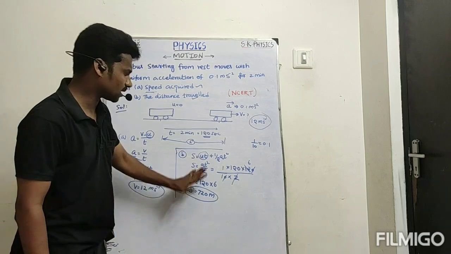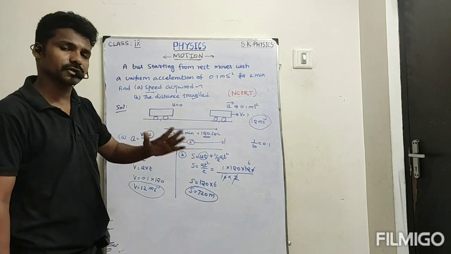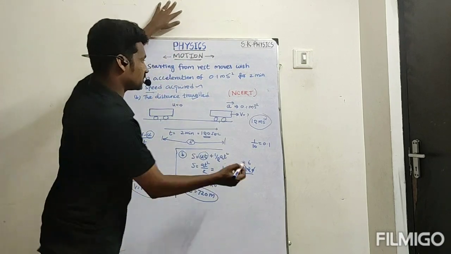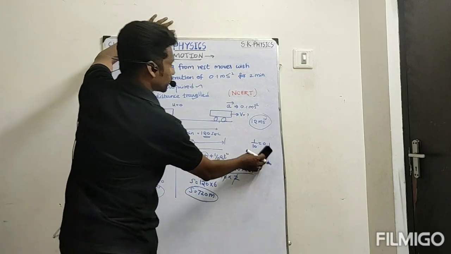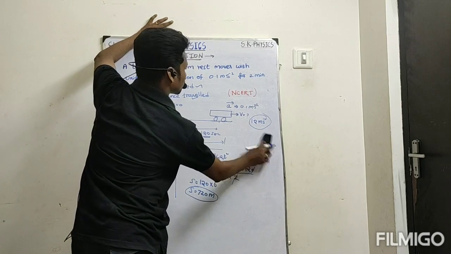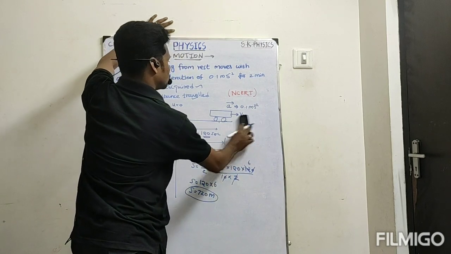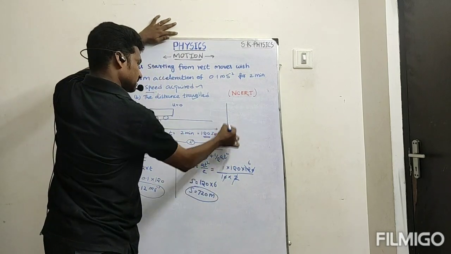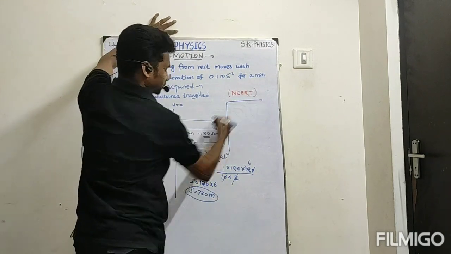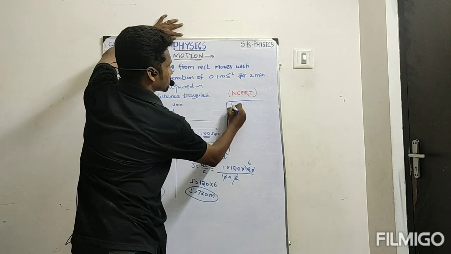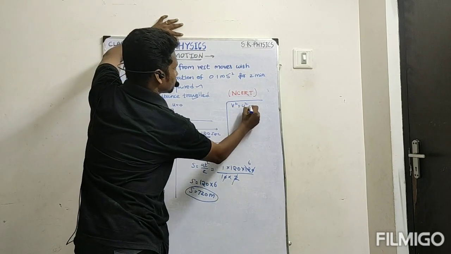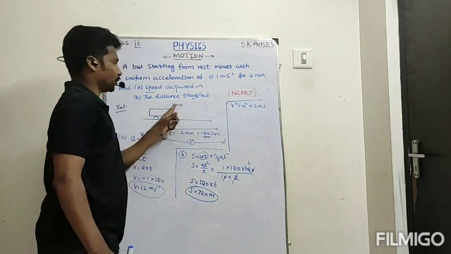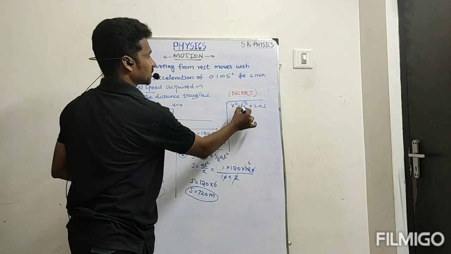Not only this formula, you can use v squared equal to u squared plus 2as formula also to get the answer. I'll explain that one more time, so I'll write it here. Instead of the earlier formula, we can use v squared is equal to u squared plus 2as. Now we need the s value, but you know the initial velocity is 0, so this term will not come.